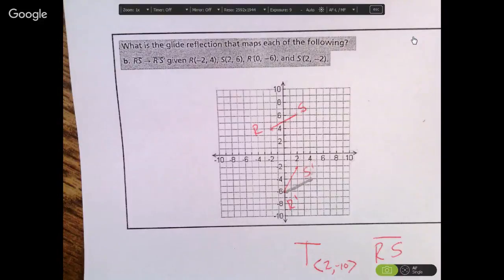If I put a mirror on here, where would you put the mirror? It would be on the R, but where would the other part of it be? S prime. If you put it on the S prime, like between, the midpoint. Yeah. So that's what reflections do, is get to the midpoint and then keep going.